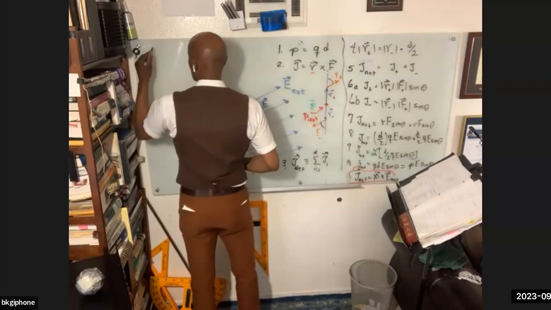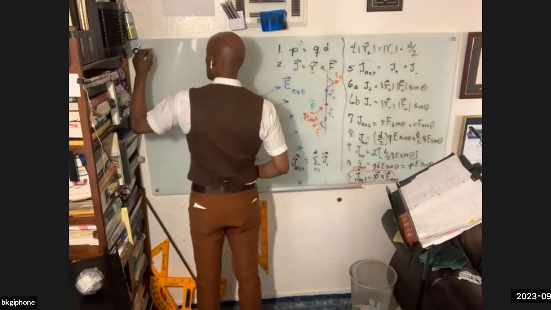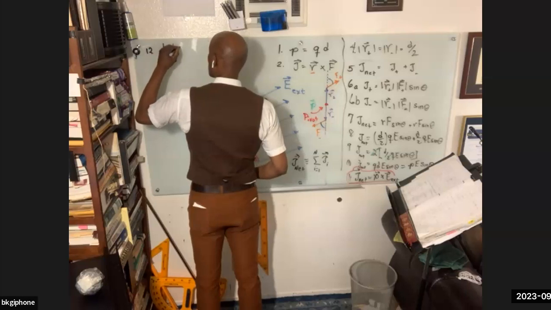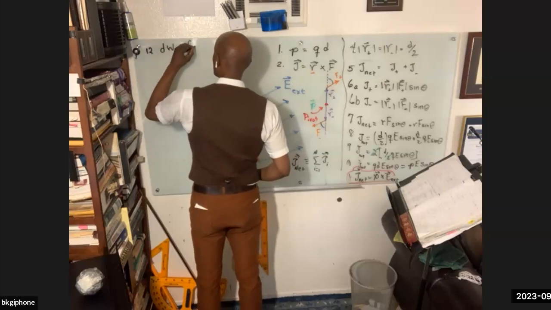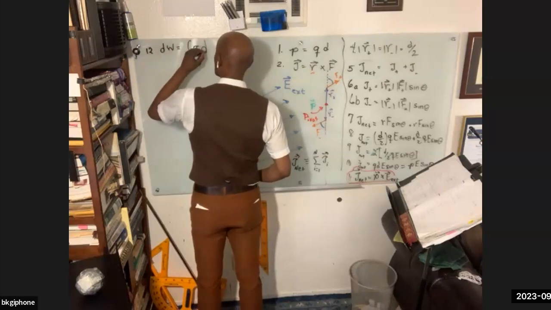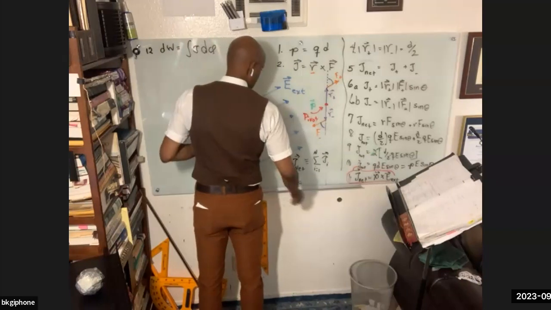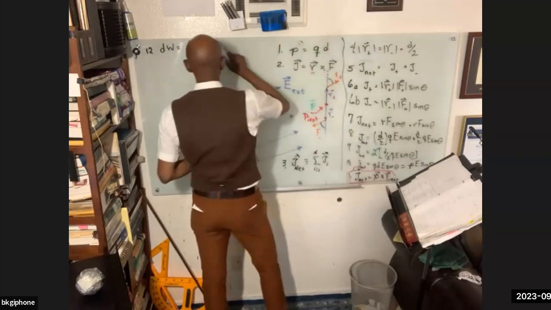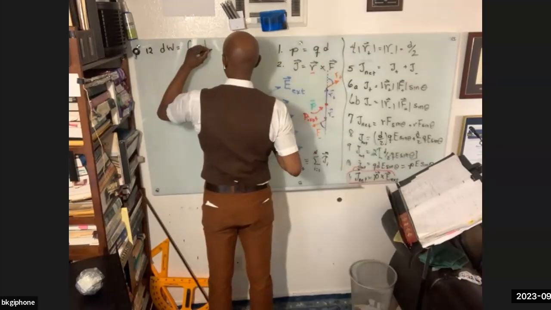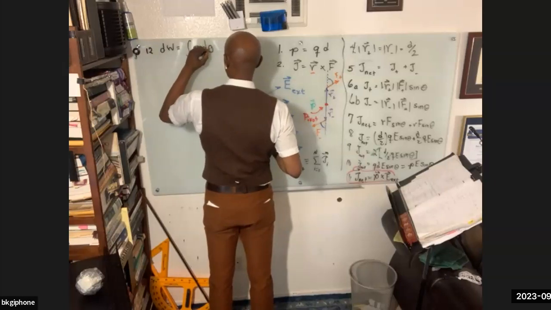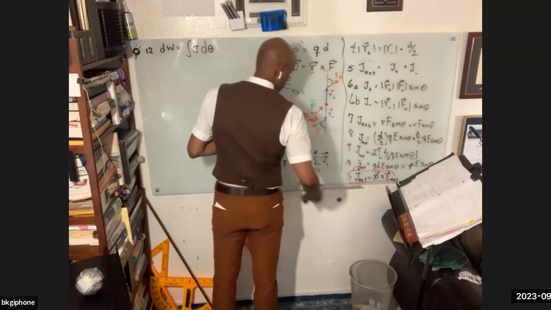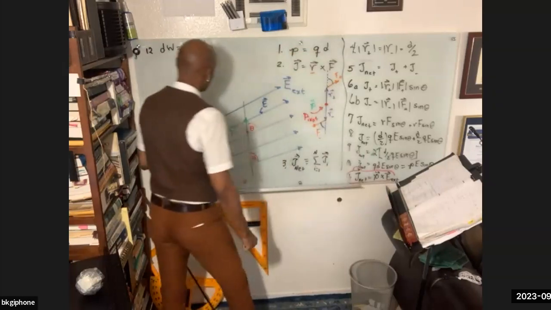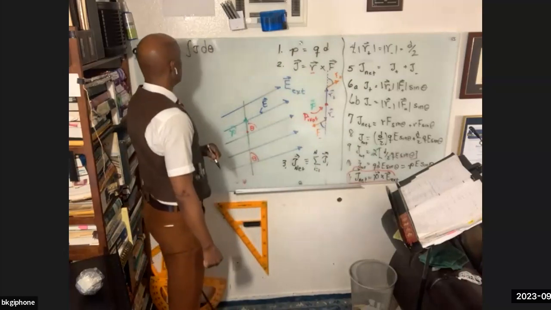So that's what I mean by differential work element. So dW, differential amount of work, is equal to the torque times the differential angular displacement, d theta. Okay?